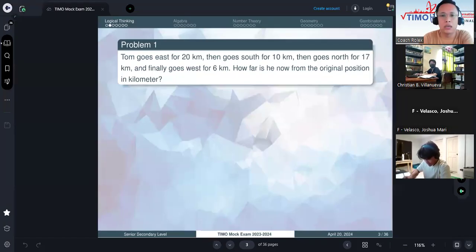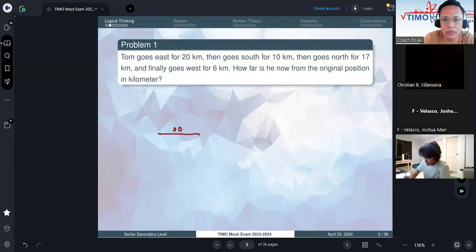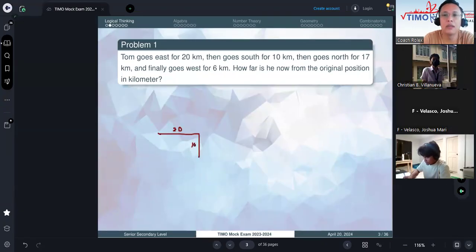As you can see, the direction of Tom is 20 kilometers east, so we have 20, and then 10 kilometers south, we have 10, then 17 kilometers up, and 6 kilometers west.